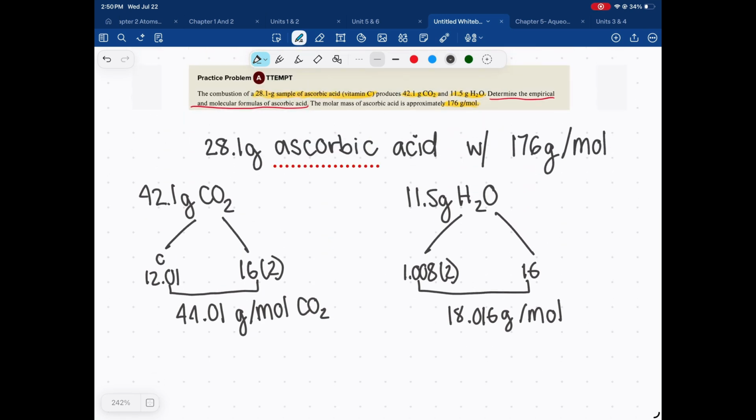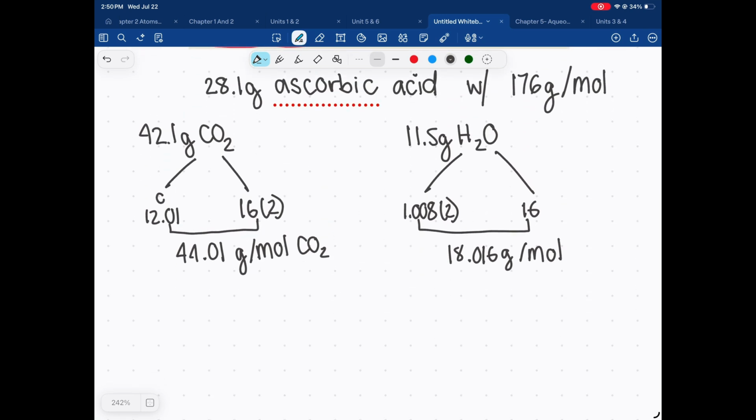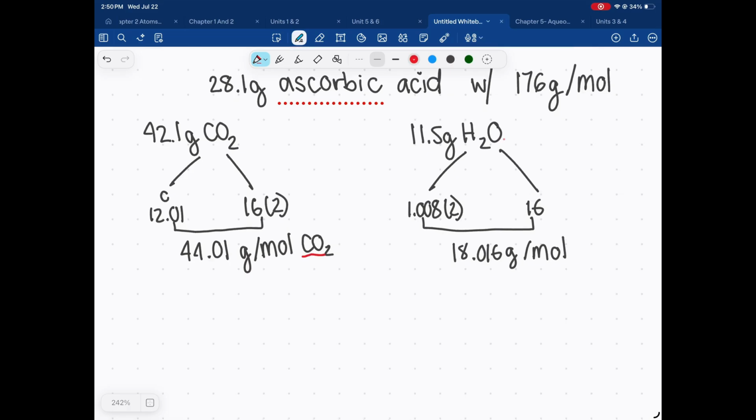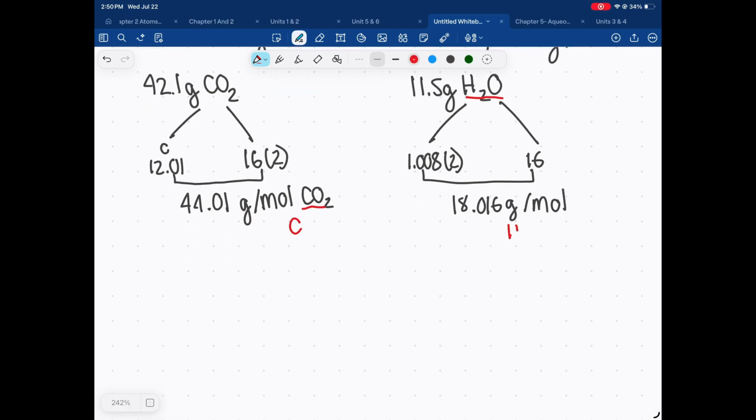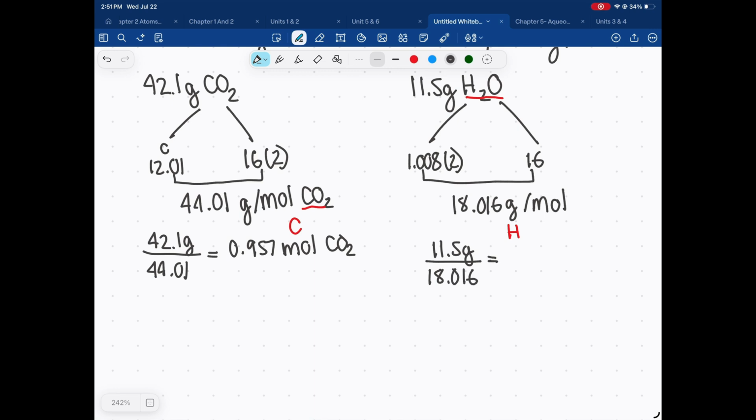All right, so now that we found the moles of each of these molecules, since we see that there's oxygen in each of these molecules, let's first determine what each of the elements that they don't share is. And now we'll do the same for the other side. It'll be the mass divided by the molar mass, which gives me 6.38 moles of H2O, excuse me.